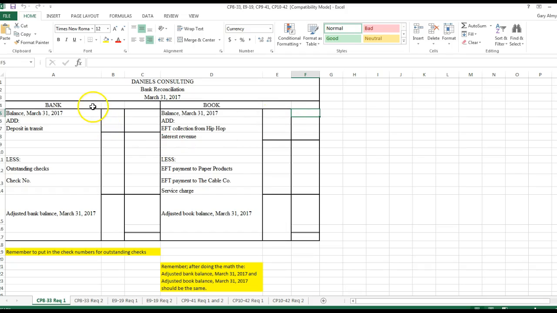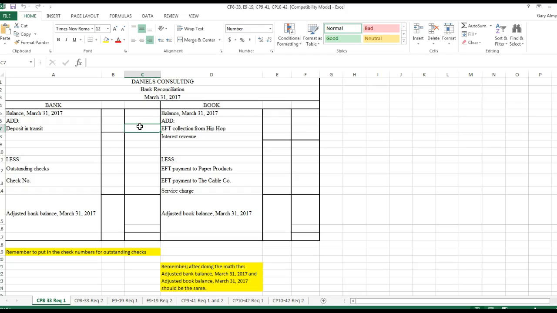Then over on the bank side, we have to add deposits in transit. Deposits in transit are those that the business has recorded on their books, but haven't yet hit the bank because the statement went out prior to it actually hitting the bank.